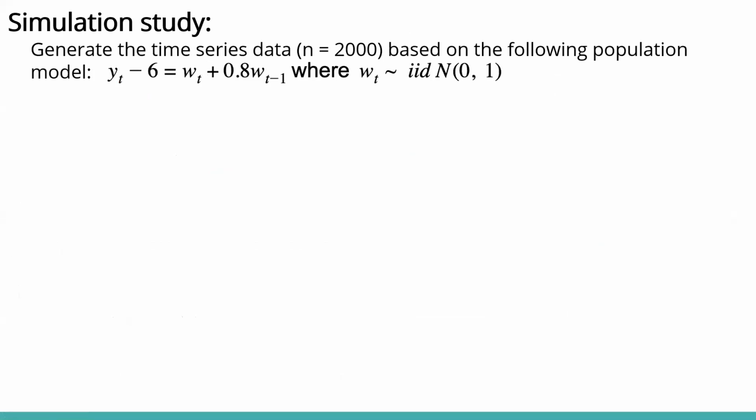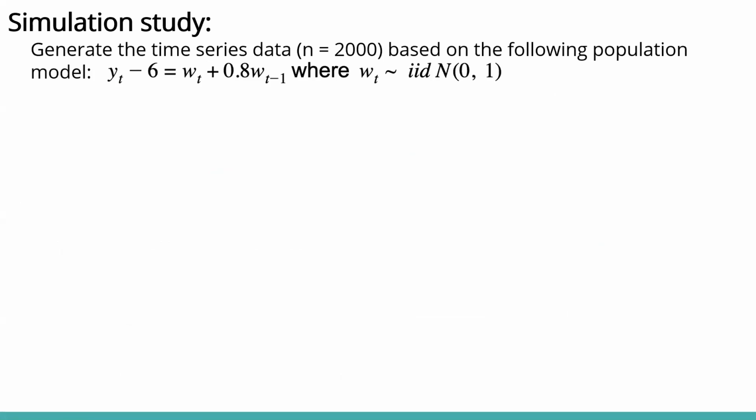Okay, so we want to have a simulation study right now. Do you remember the other time when we were dealing with the autoregressive model, we were able to simulate, using the R software, the autoregressive model of order 1, order 2, and so on.